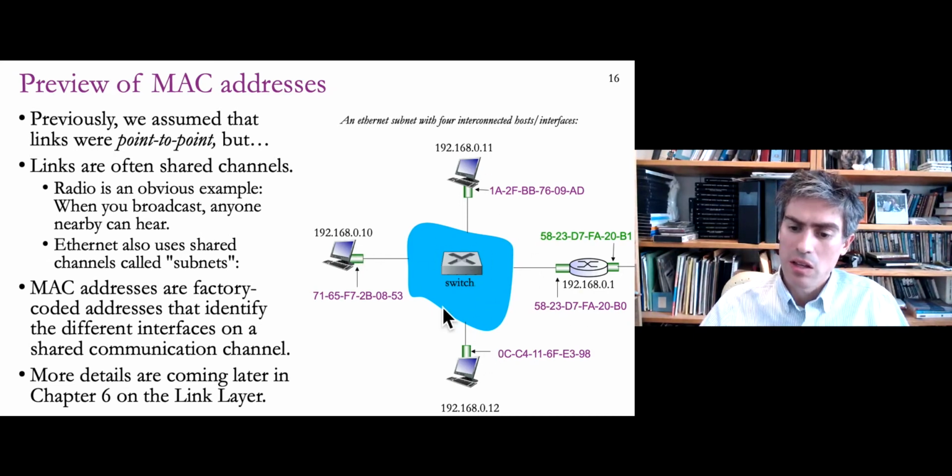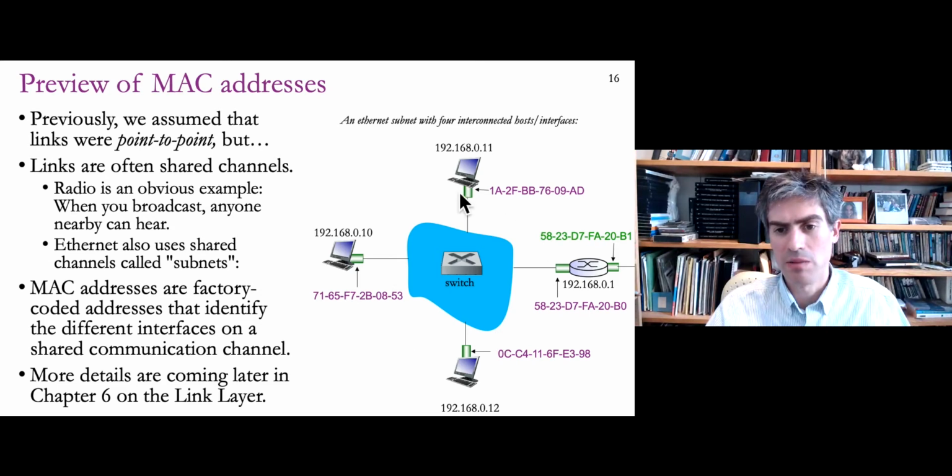This switch here in the middle is connected to wires running to 3 computers and 1 router, so four interfaces in total. Let's imagine that when the switch receives a packet, it just sends it to everyone else in this subnet.